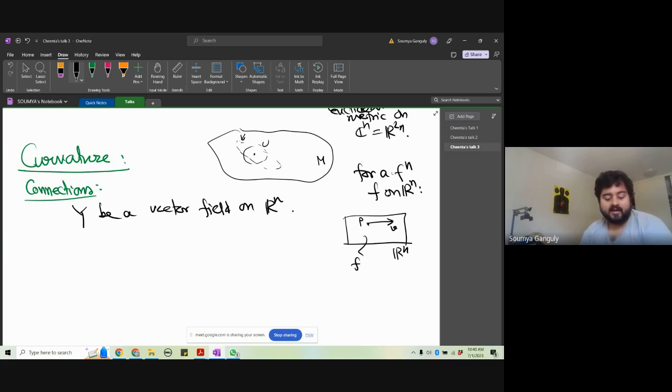You might want to know the rate of change of the function in that direction, which we often write as the directional derivative of the function at the point P along the direction v. But previously we defined something which directly denotes this, which is v of f, because we expressed our vectors as partial derivatives.